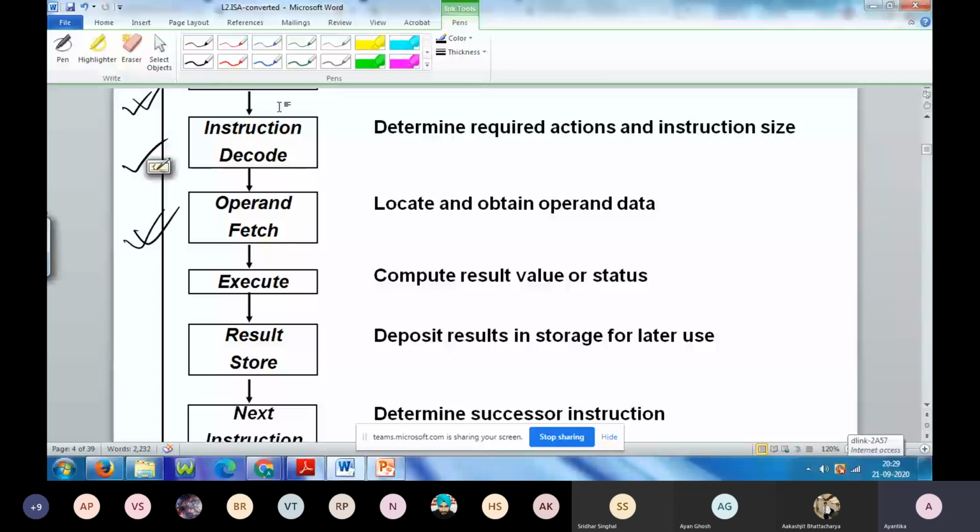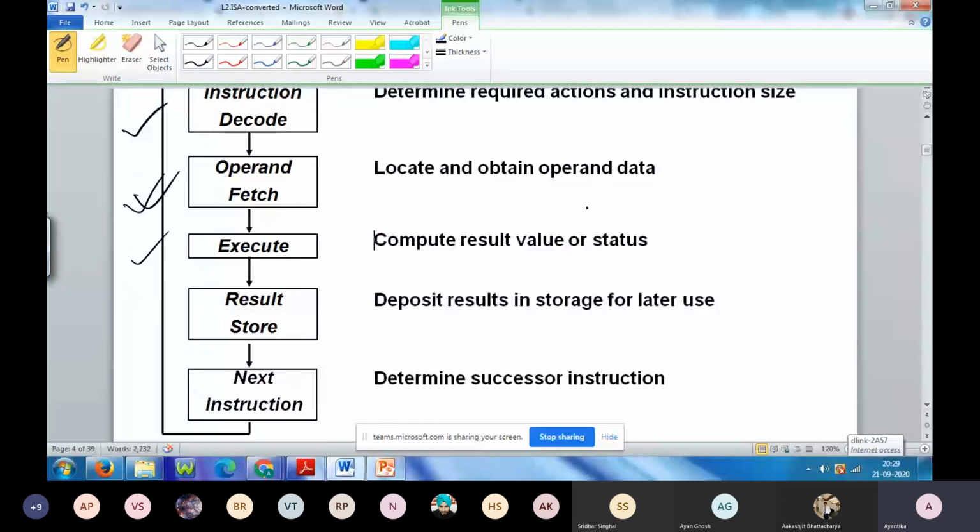Then I will do the execute. Execute means I will do the computation. For whatever I want to execute, I should have direct support from the hardware, right?